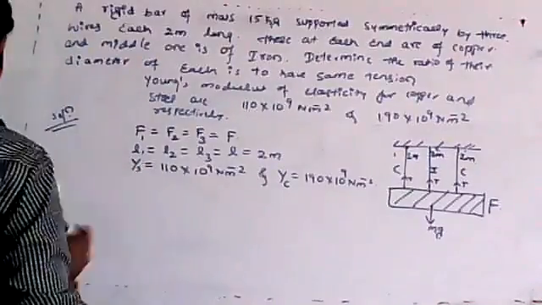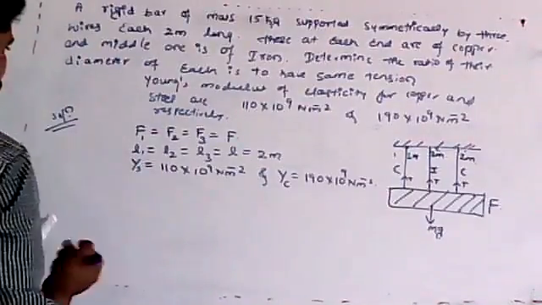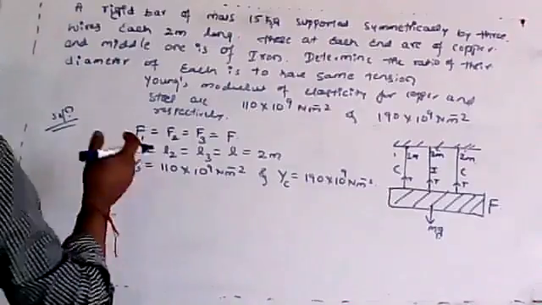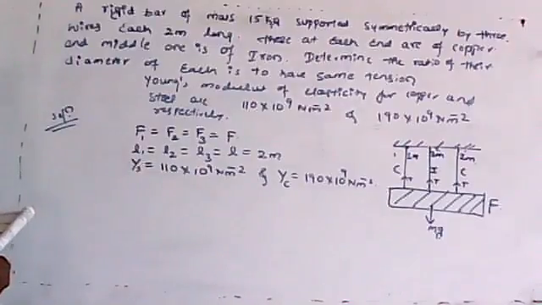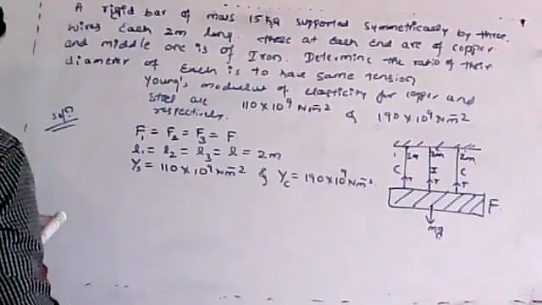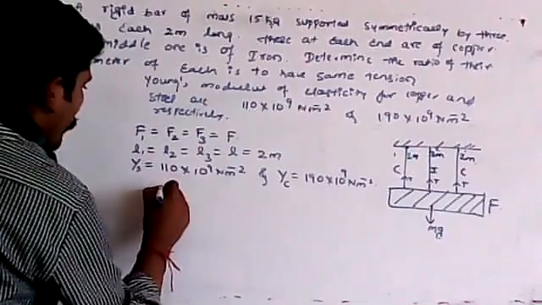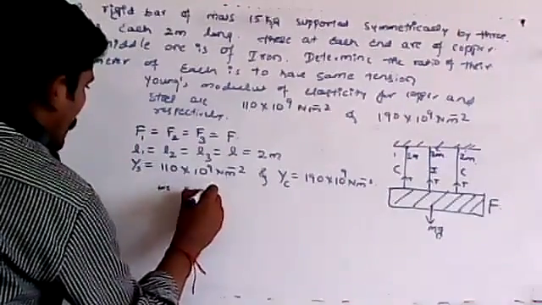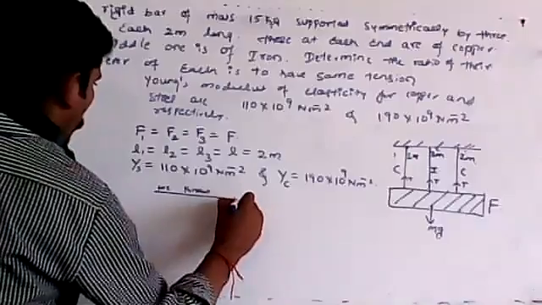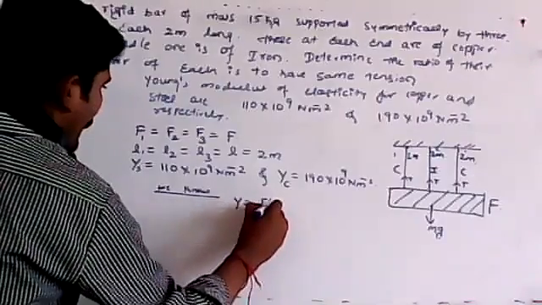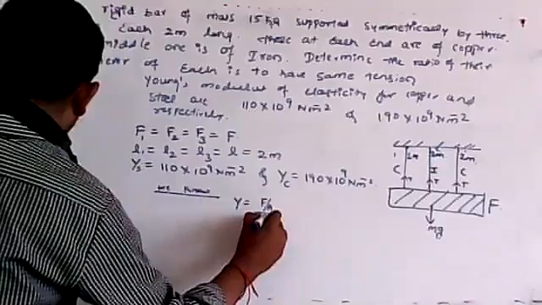What is the relation between diameter and Young's modulus? Let's see that one by one. Just try to understand, students. We know one formula. Y is equal to F by A divided by delta L by L, Young's modulus formula, right?